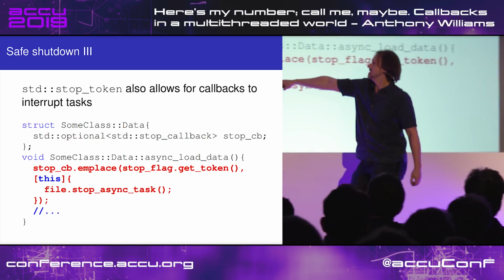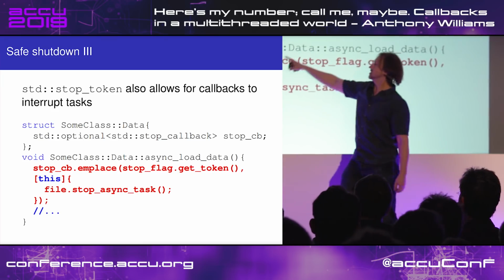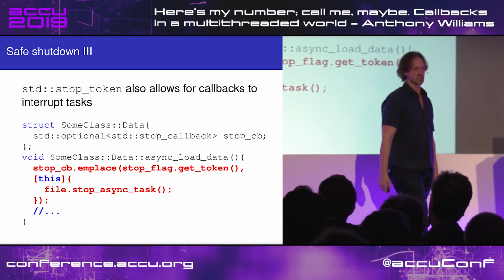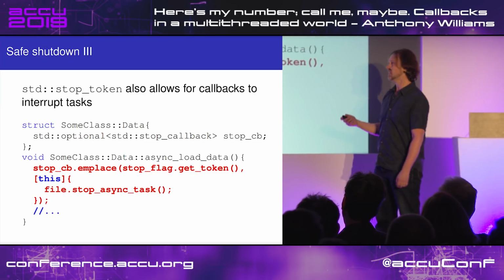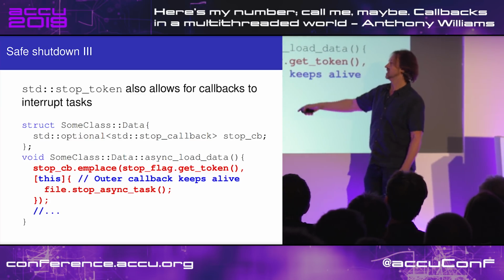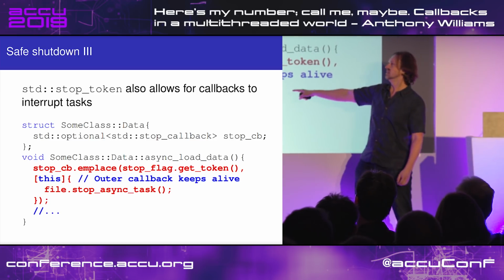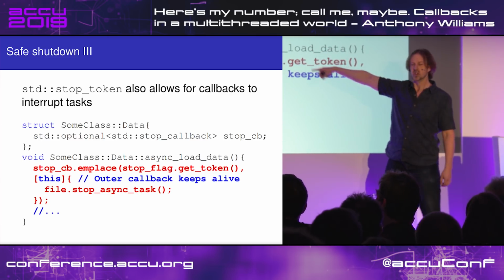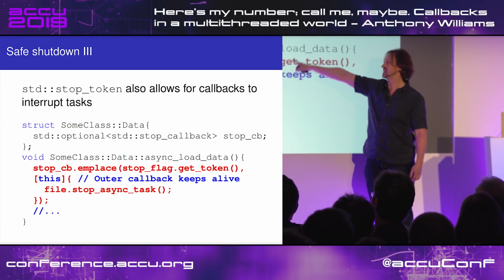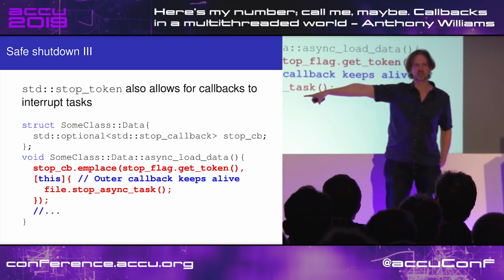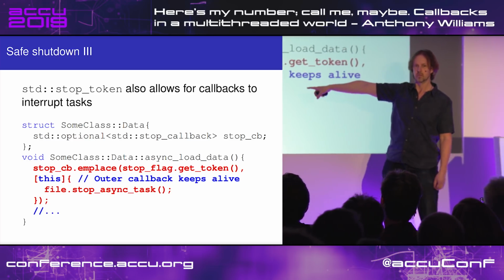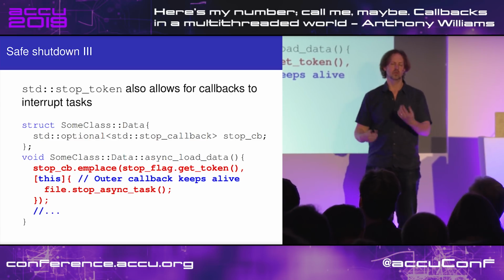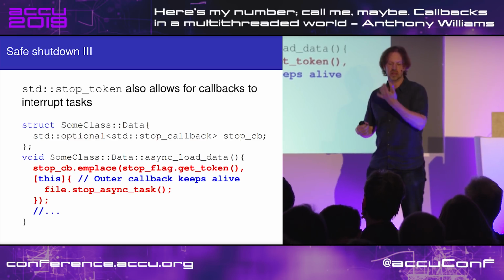Notice that it captures this here. We're inside the data class, and it's capturing this by value so that we can reference the file handle and things that are inside. But we know that that's going to be safe, because the outer callback owns the reference to data. So this callback is done by the time we hit the closing brace of this function, because then when you hit the closing brace, the stop callback goes away.